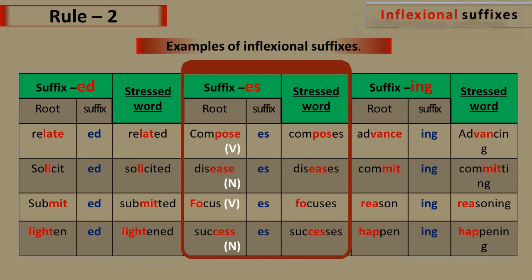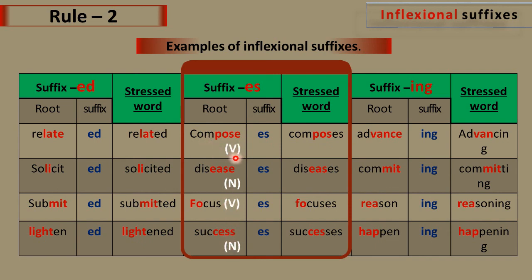Coming to the second column, the suffix is -es. Earlier I said to you -es is also an inflectional suffix, and most probably inflectional suffixes relate to verb forms as far as our knowledge is concerned, but at times this inflectional suffix is also used to form nouns. And here, for your sake, you have been given the highlighted words.